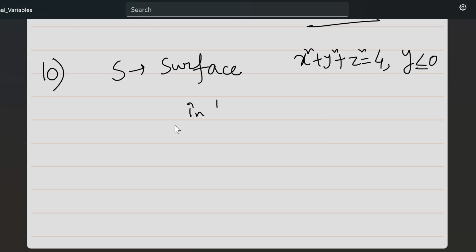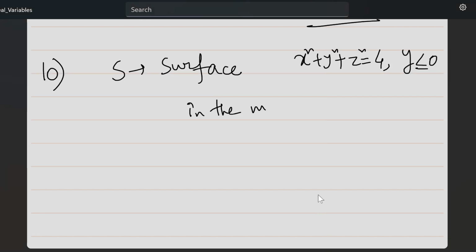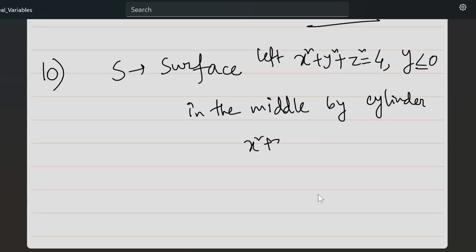In the middle, the cylinder is x square plus z square equal to 4, and y varies from 0 to 2.